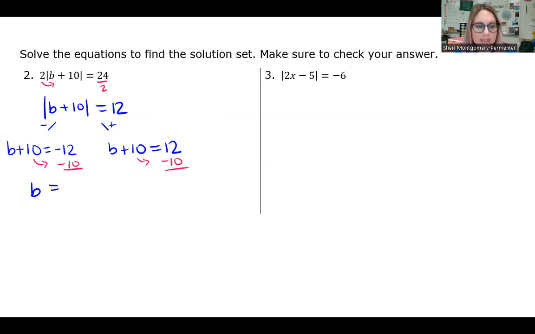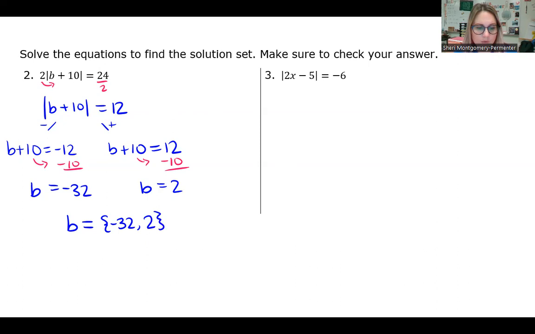Negative 12 minus 10 is negative 22. 12 minus 10 is 2. So my solution set, B, is equal to negative 22 and 2.